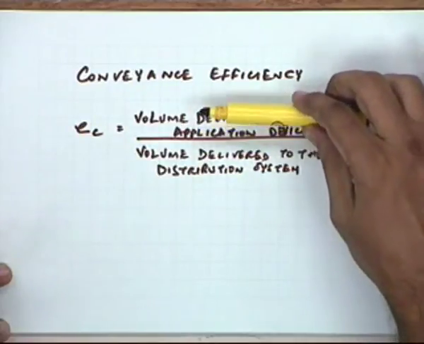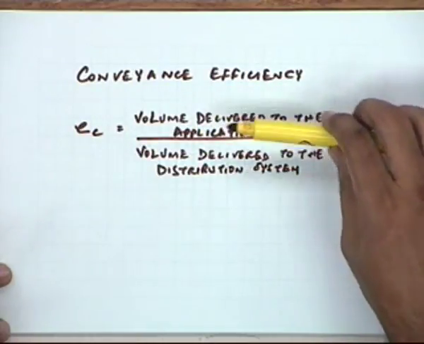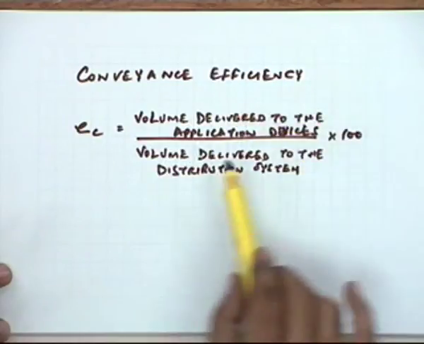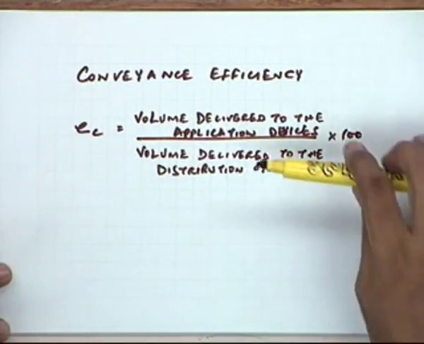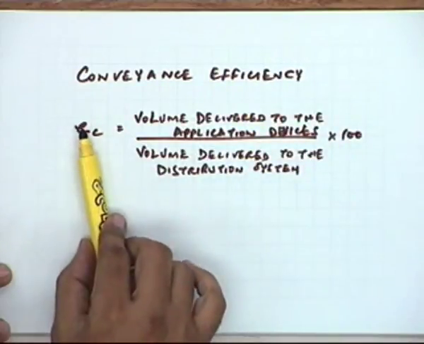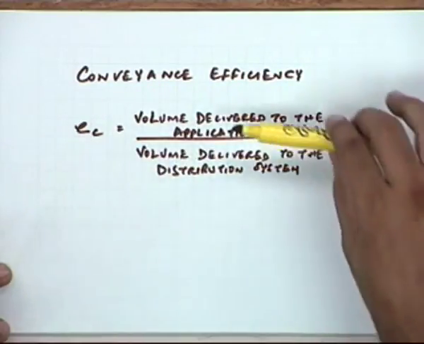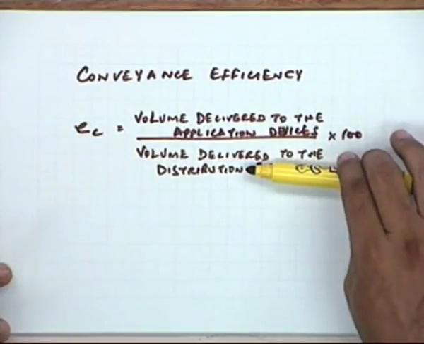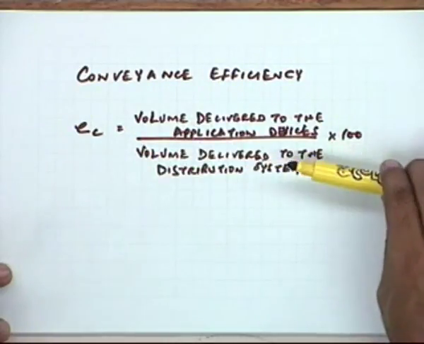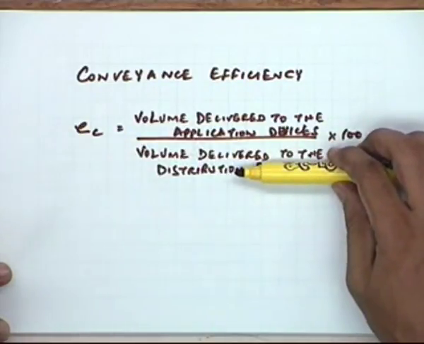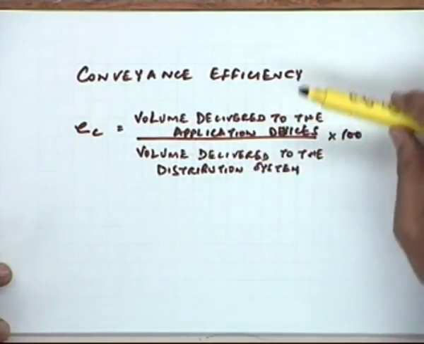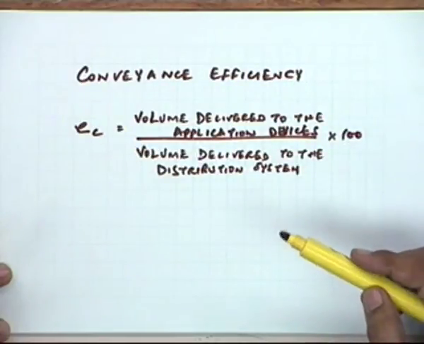So this term gives you the indication that it is the volume which is going to be delivered through these devices onto the fields. So any loss which is taking place in between that level and the distribution level, the place where the water has been received for distribution, that is going to give you the conveyance loss. Okay.